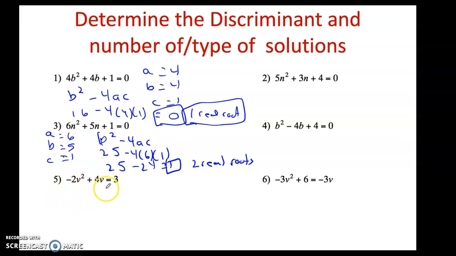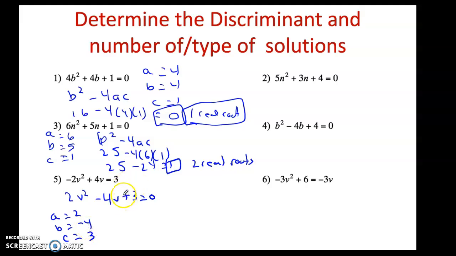So when you're rewriting this, you always want a to be positive. So I'm going to bring these guys over to the right. So we're going to have 2v squared minus 4v plus 3 equals 0. So here we have a equaling 2, b equaling negative 4, and c equaling 3.